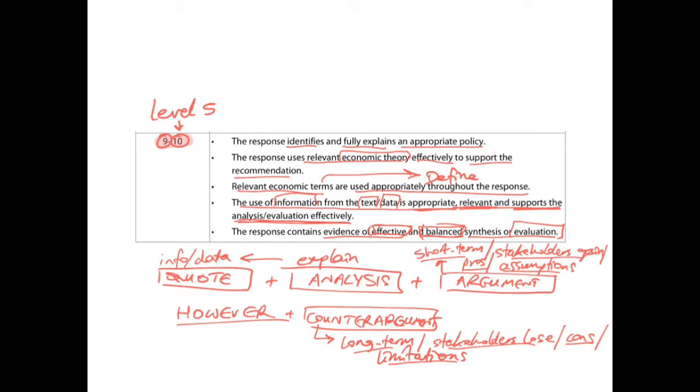So if you do all of that, if you identify and fully explain an appropriate policy, define relevant key terms and use them effectively to support your recommendation, explain relevant economic theory and use it effectively to support the recommendation, use information from the text and data appropriately, relevantly, and to support your analysis and evaluation, and if your response contains evidence of effective and balanced synthesis or evaluation, you will access level 5, which is 9 or 10 marks out of 10.